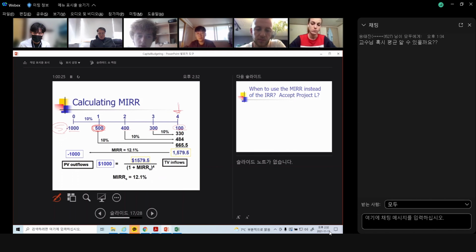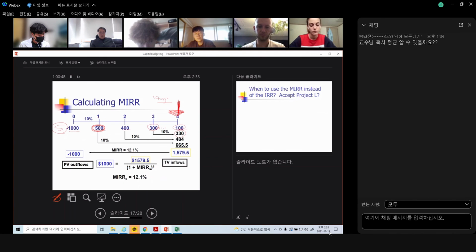We can calculate the value as of the end of this project. This 300 is going to be 330, which is 300 times 1.1 because the WACC is 10%, right? For example, project S has an IRR of 14.49%.